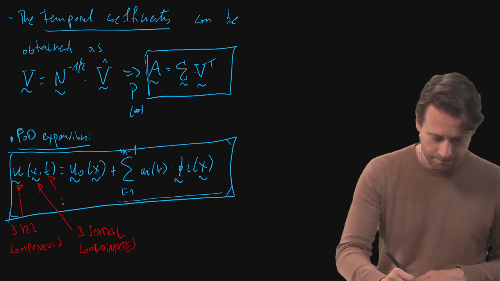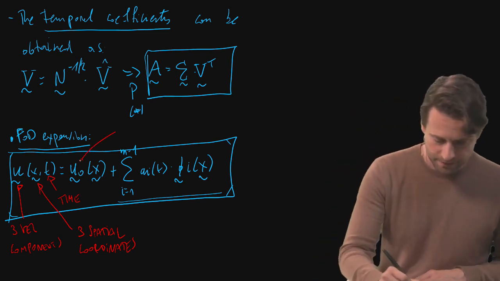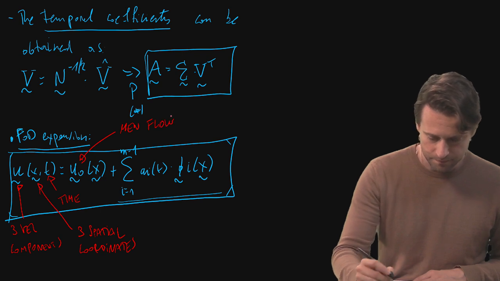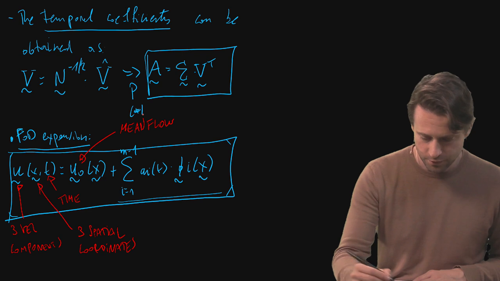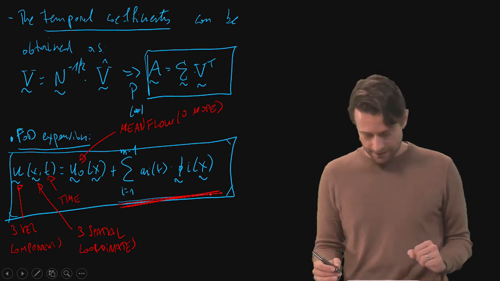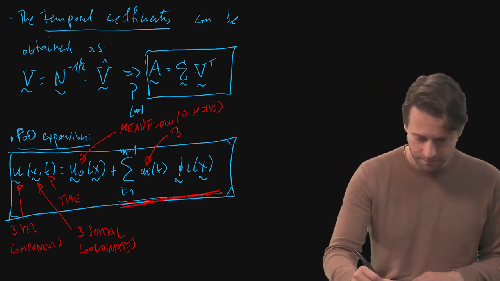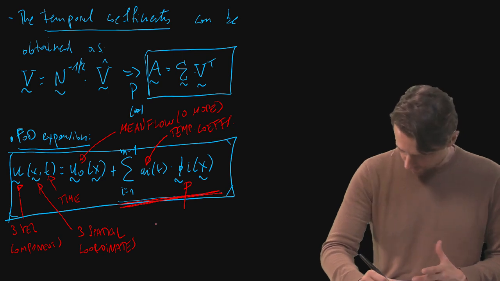This would be time. Now u0, that would be the mean flow, and the mean flow actually shows up as the zero mode. This over here would be the expansion that we're going to do. And here we have the temporal coefficients. And this over here would be the spatial modes or the POD modes.